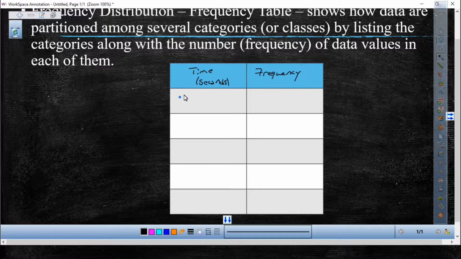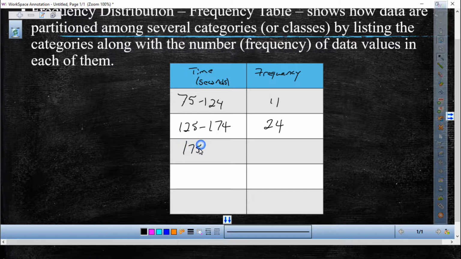And let's see, 75 through 124, and we'll say there's 11 of those. And this is how long you might spend waiting in line at McDonald's. And we've got 125 through 174, and 24 of those.